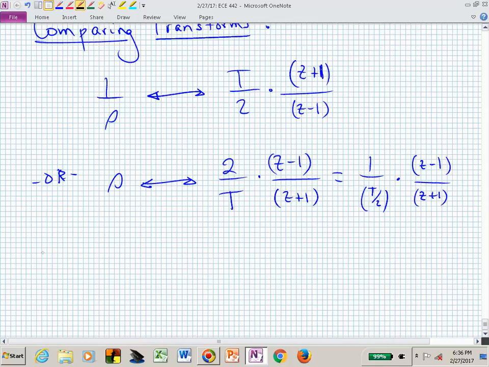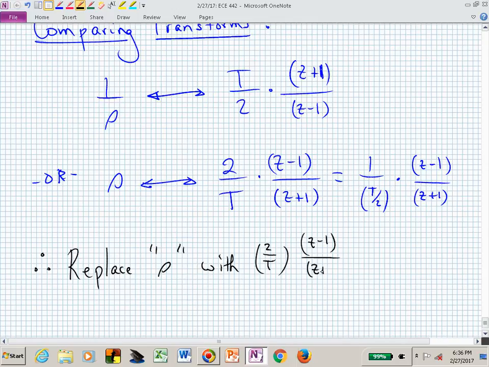If we're now wanting to go from h of s to h of z, we now know how to replace s. We replace s with 2 over capital T times z minus 1 over z plus 1.